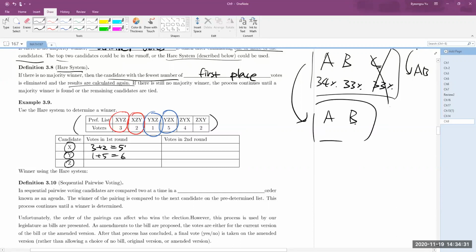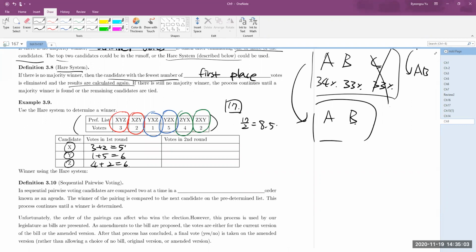And in the last two preference lists, Z also got 6 votes. If you add all the numbers, there are 17 voters. So a majority winner should have 17 over 2, which is 8.5. But no one got 8.5 votes, right?